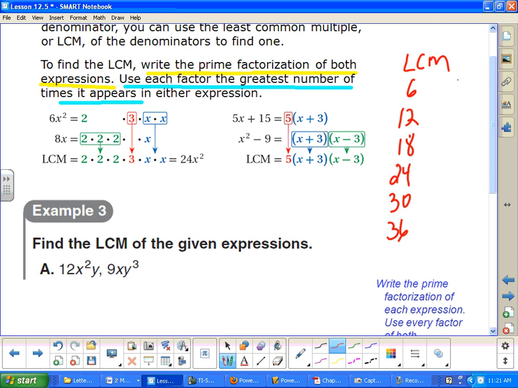The multiples of 8 are 8, 16, 24, 32, 40, and so on. So we want the least common multiple of 6 and 8. The smallest one is 24. So the least common multiple of 6 and 8 was 24. And then with variables, you just pick the one with the largest degree.